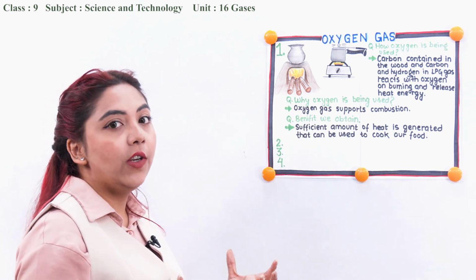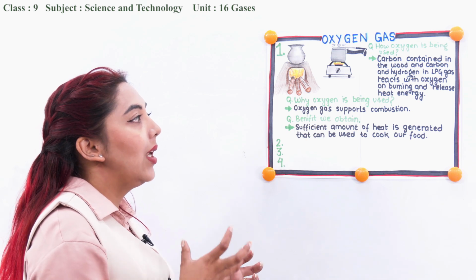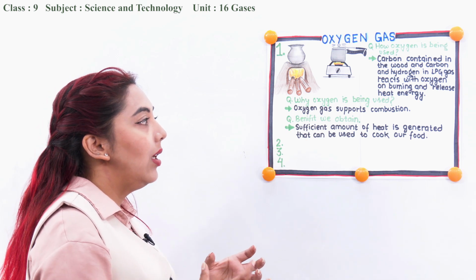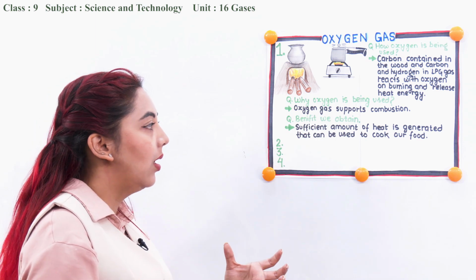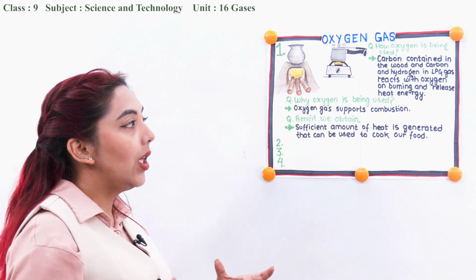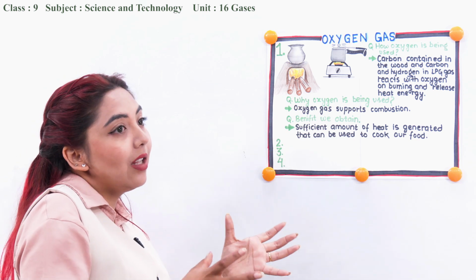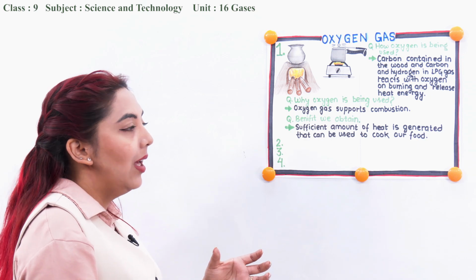And what benefit do we obtain? When burning carbon and hydrogen, they release heat energy, so sufficient heat is generated that can be used to cook our food.